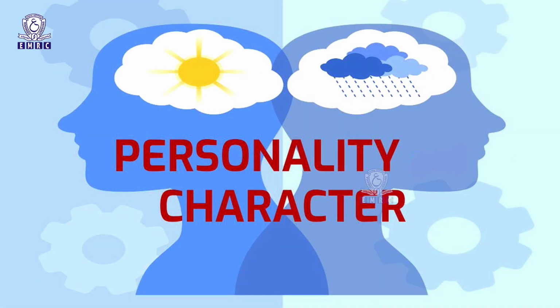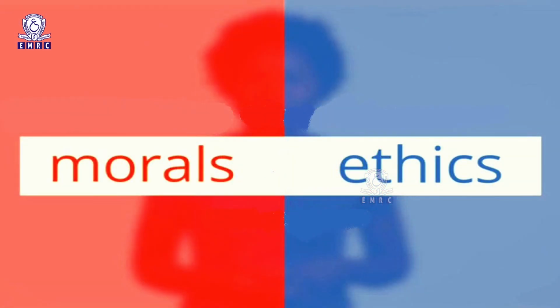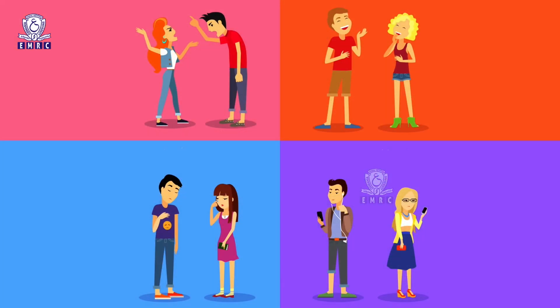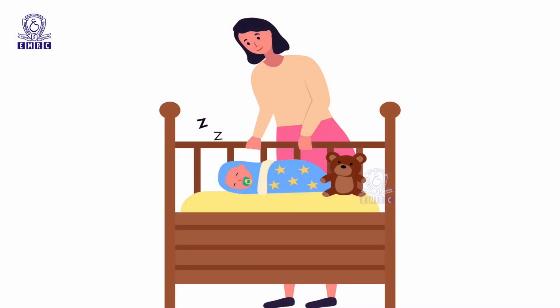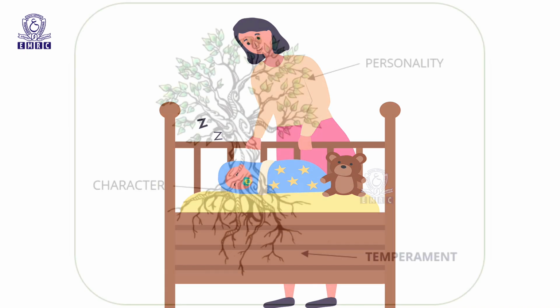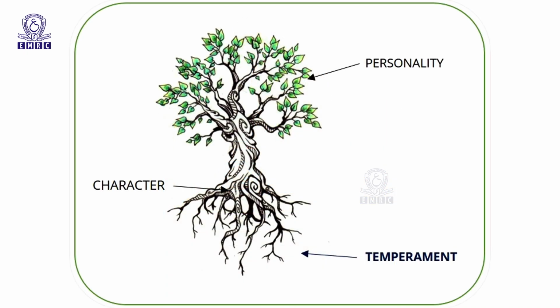But personality should not be confused with character, which refers to value judgments made about a person's moral or ethical behavior, nor should it be confused with temperament, the enduring characteristics with which each is born, such as irritability or adaptability. Both character and temperament are vital parts of a personality, but not synonymous with personality.